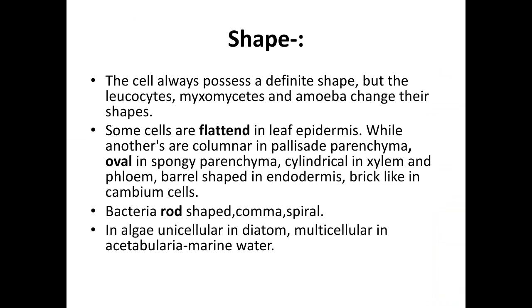Barrel-shaped cells are present in the endodermis of root and stem of the plant body. Then brick-like cells are present in the cambium of the plant body. Bacteria are generally rod-shaped, sometimes comma or spiral-shaped. In algae, they are unicellular in diatom, and multicellular in Acetabularia, which is found in marine water.